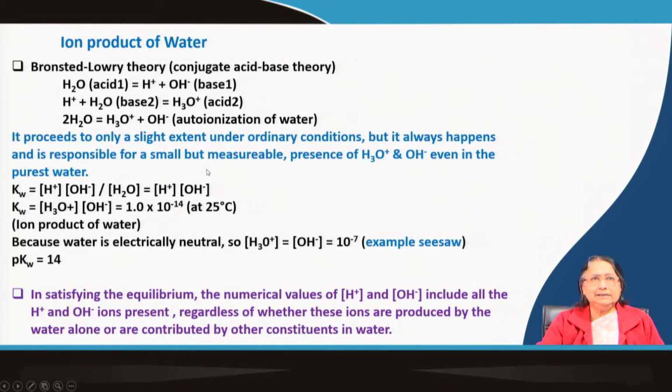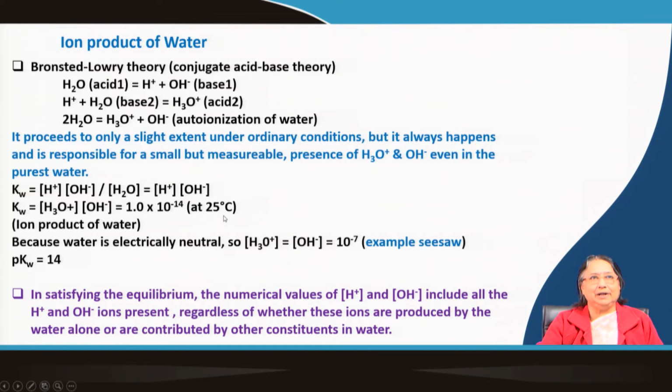This is the simple way to write it, but actually we should write Kw equals H3O+ concentration times OH- concentration, which is nothing but 1 times 10 to the power minus 14 at 25 degrees centigrade.